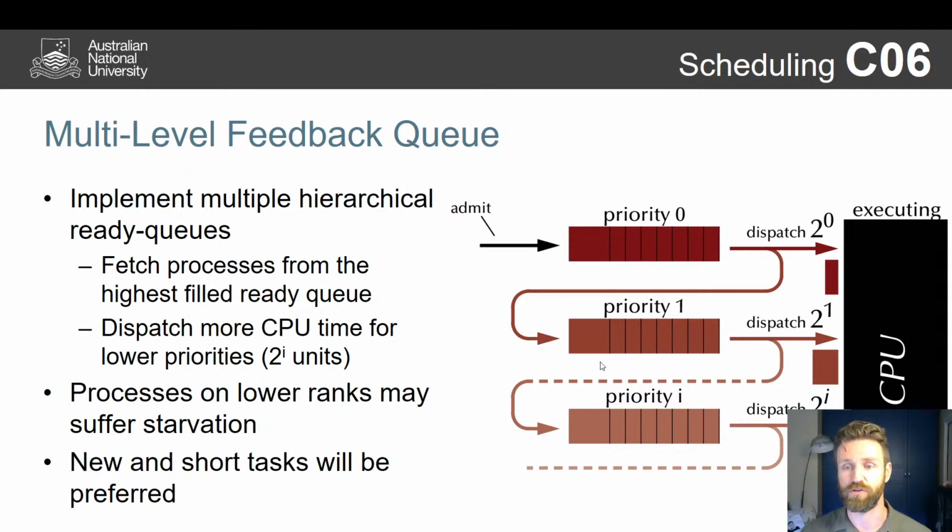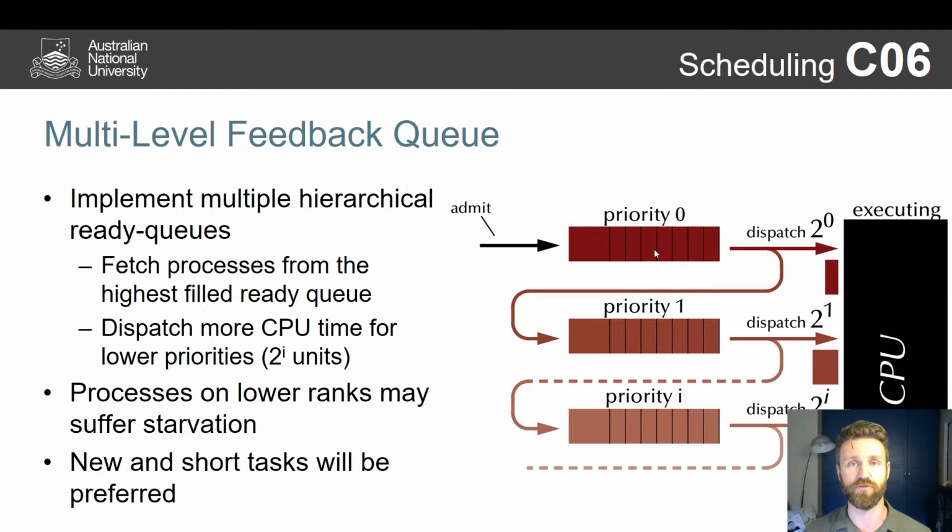So we have a process executing at priority 1, it's happily using the CPU, and then it performs an I/O operation that blocks at that point and voluntarily relinquishes the CPU. The scheduler will then move it back up a priority level so that the next time we're looking for a process to schedule, assuming that process is ready, it'll get a higher priority.